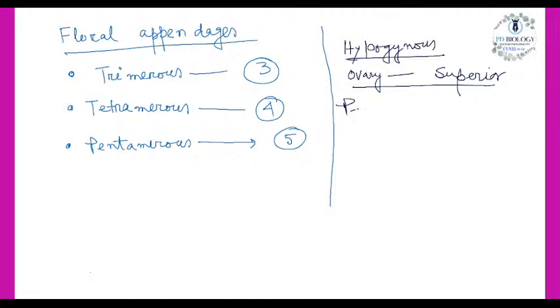Perigynous: here the gynoecium is situated in the center and other parts are located on the rim of the thalamus. That is perigynous. So the ovary in perigynous is half inferior.